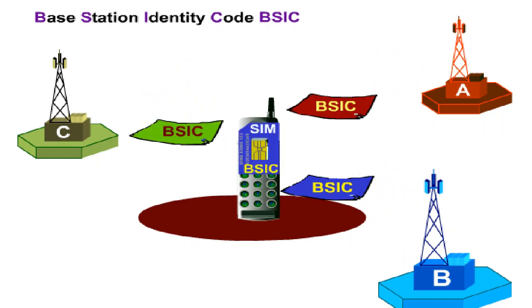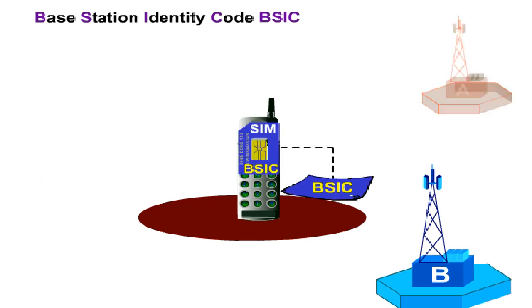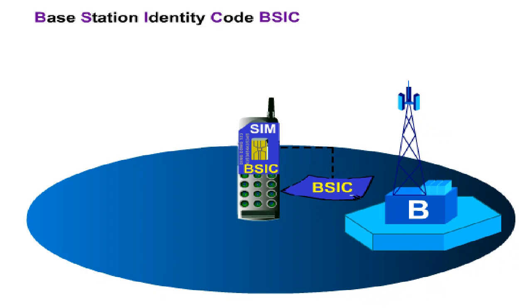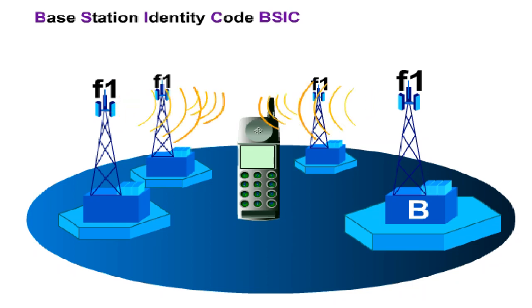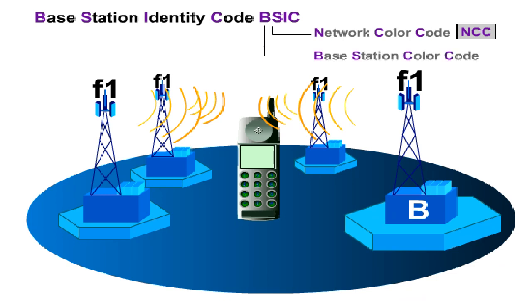Only after verification that the broadcast BSIC is identical with the entry on the SIM card can a mobile station be registered on the network. Furthermore, the BSIC has to make a distinction between the serving cell and those other cells that use the same frequency as the serving cell. It consists of the network color code, NCC, and the base station color code, BCC.